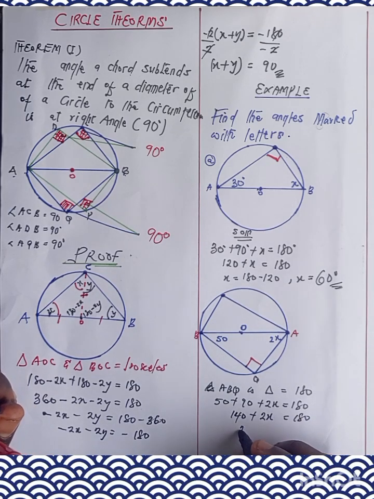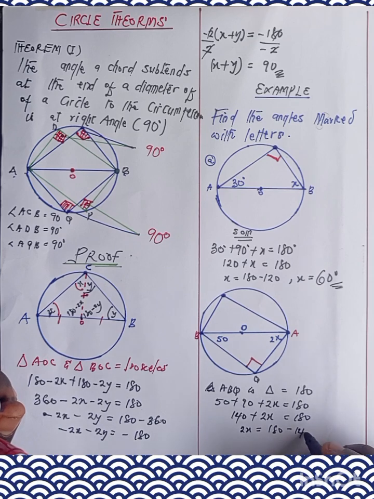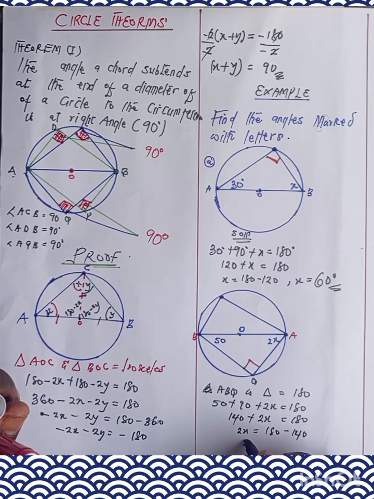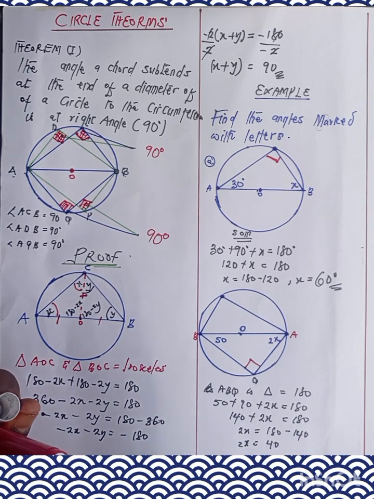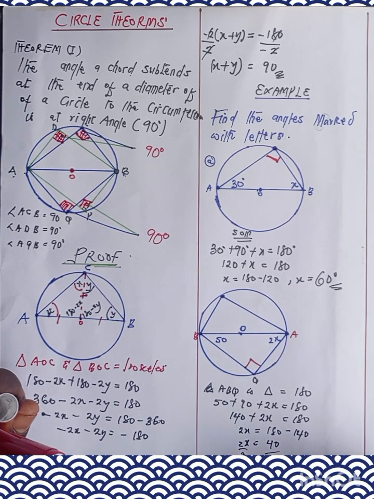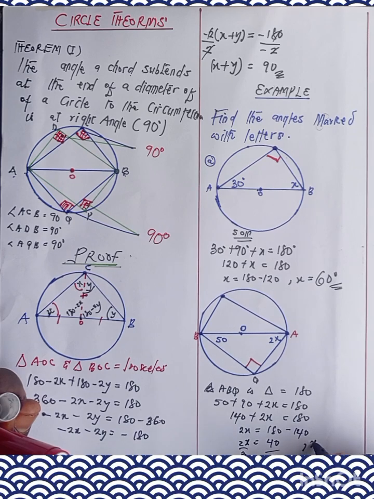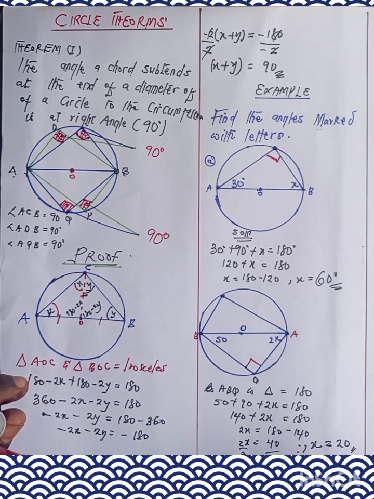So we are getting 2x is equal to 180 minus 140, and our 2x is equal to 40. We are looking for x, not 2x. Divide both sides by 2. Therefore, our x is equal to 20 degrees. Very, very simple.